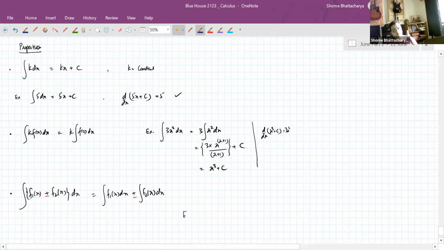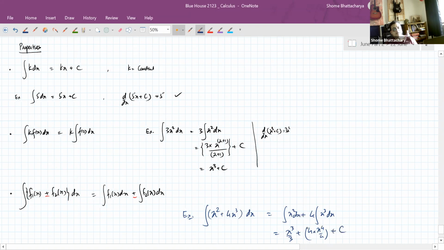So for example, we want to integrate something like x squared plus 4x cubed. So this will become integration of x squared plus 4 times integration of x cubed. So x cubed by 3 plus 4 into x to the power 4 by 4.